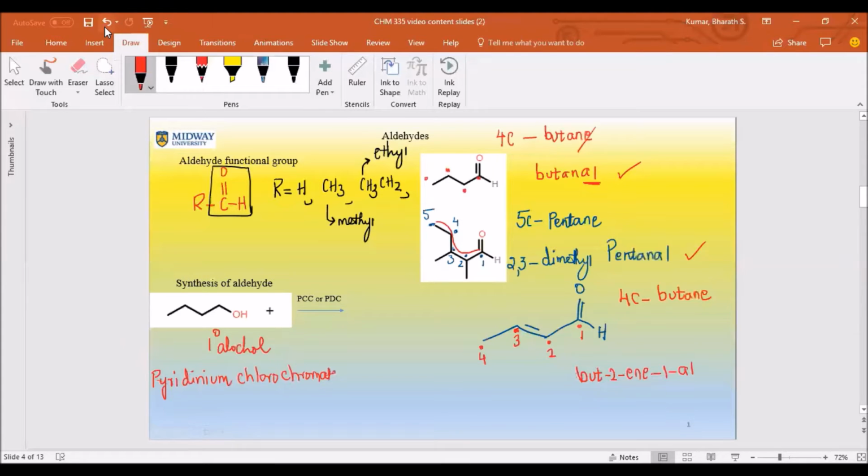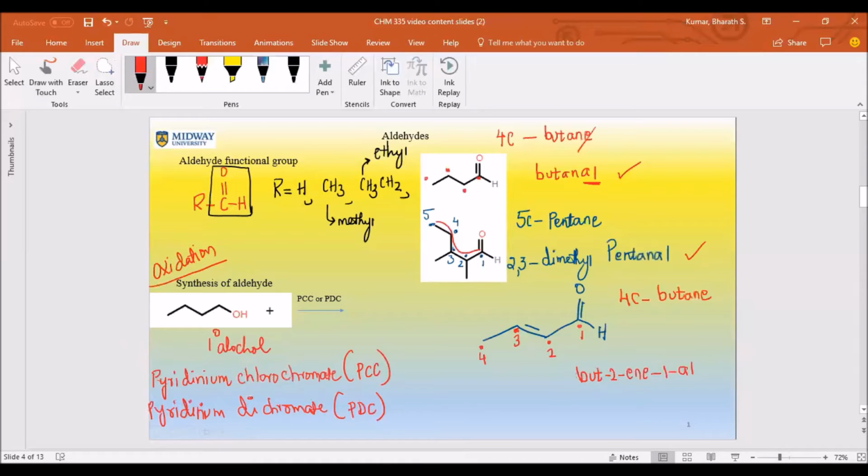This type of reaction, whenever you use the PCC or PDC, or you go from an alcohol to an aldehyde or alcohol to a ketone, it's part of a larger classification, which we will come back to again and again. It's called oxidation, okay? Pyridinium chlorochromate is PCC, and PDC is pyridinium dichromate. Okay, these are excellent oxidizing agents. Pyridinium dichromate.